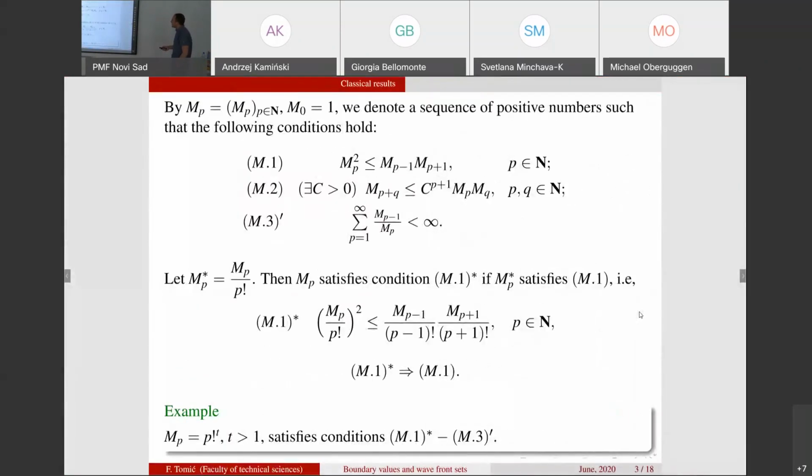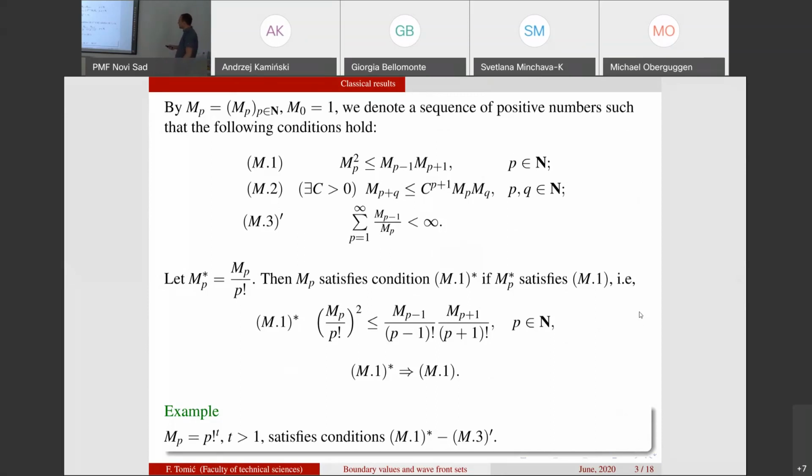To be more precise, I will go to the ultradistributions, and this involves some technical things. The derivatives of such functions are controlled by these sequences here, and we have a lot of technical conditions on these sequences that have to be satisfied. We have M1, our logarithmic convexity condition.